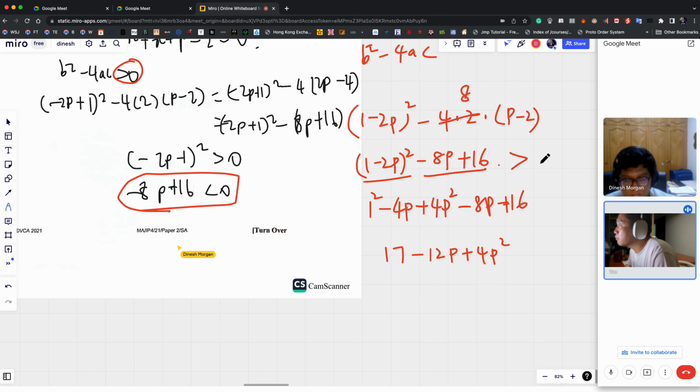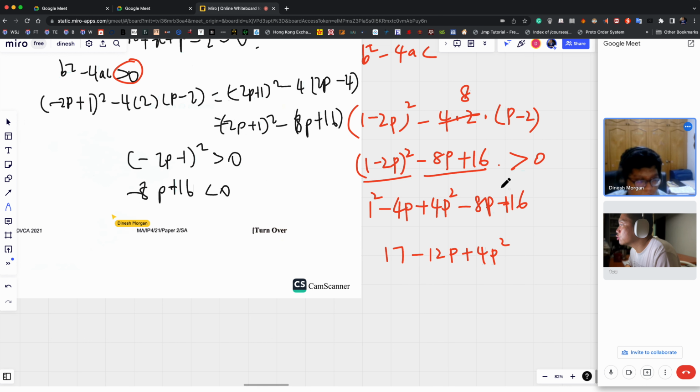I don't think it's related. I think this question wants you to expand it out, simplify and do the completing square, and then prove that it's always bigger than 0.